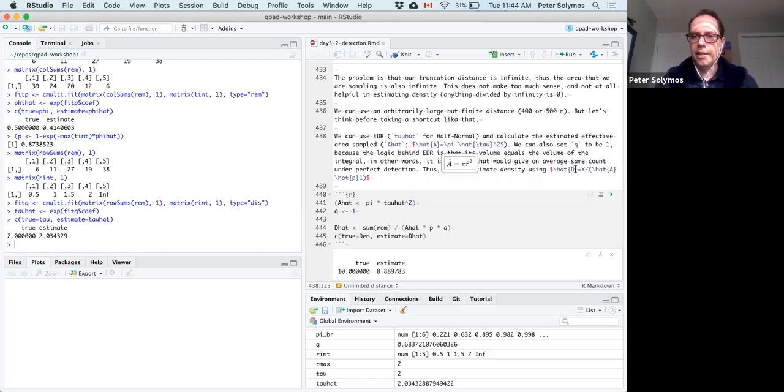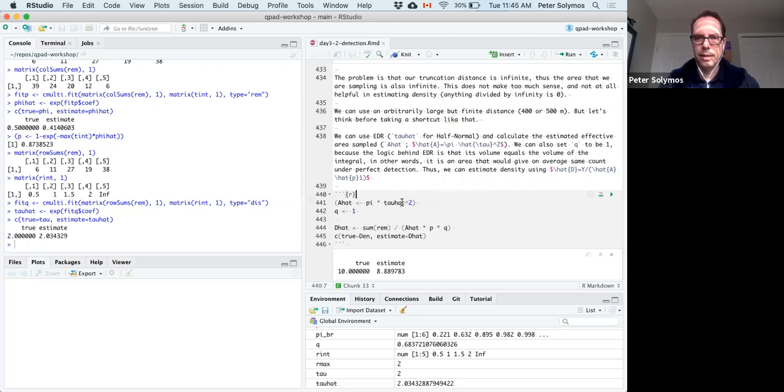So we can take Q equal to 1, and instead of a known area and some Q that is less than 1, we now have Q equals 1 and the effective area sampled, which is an unknown, and that's something we estimated through the distance sampling model. So now the correction is A times P.